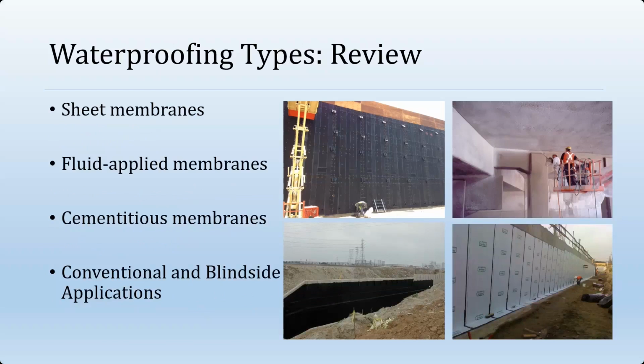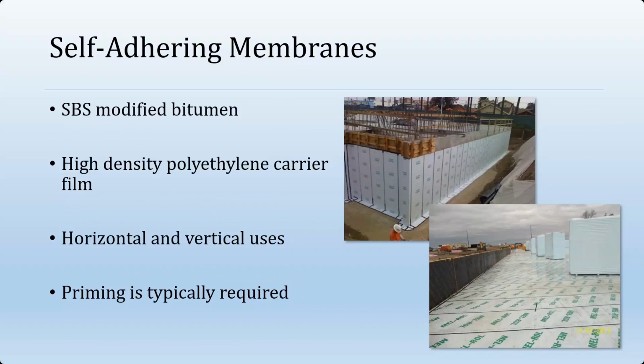Sheet membranes, fluid applied, cementitious, conventional blindside application. Self-adhering membranes were developed in 1972. These 60 mil self-adhering sheets are specified typically in 07-13-26. As I mentioned, there are 56 mils of SBS rubberized asphalt, basically cured hot fluid applied, bonded to a 4 mil carrier film.